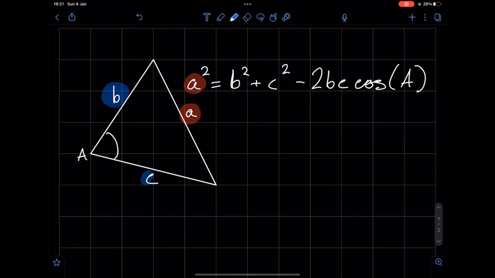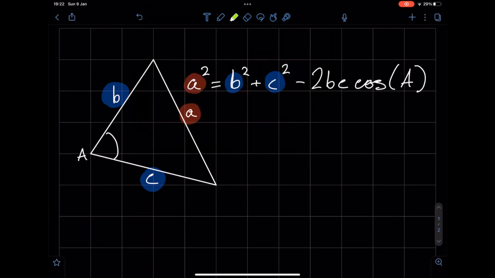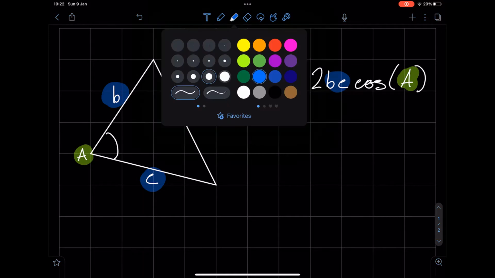And our other sides, B and C, are as follows in the rule, and our other angle, big A, is opposite the side A that we're working out, and B and C also appear just here in the formula.